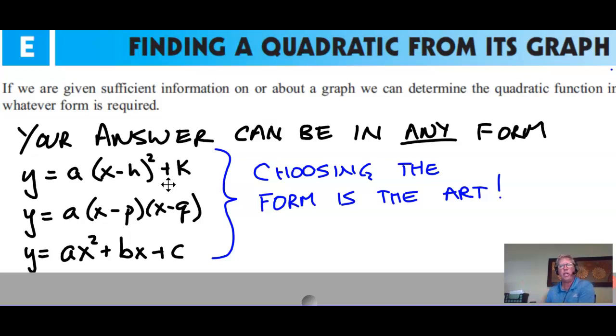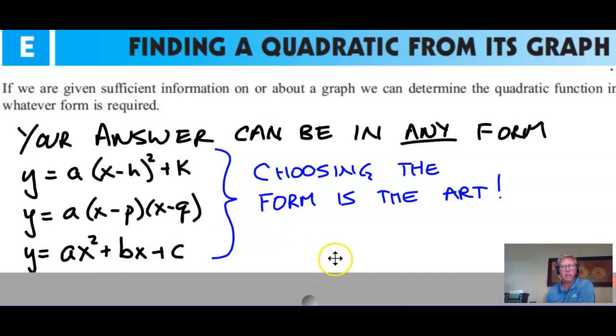If this first one is the vertex form and you're given a vertex, you're so ahead of me. If you understand P and Q are the roots, because this is factored form, life's good. To be honest, standard form is really hard to just look at a quadratic and write. So that's something to lean forward to.